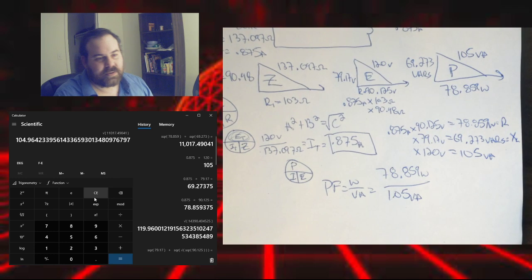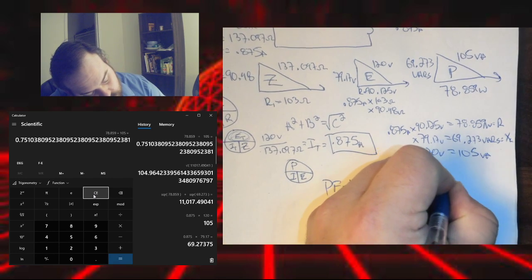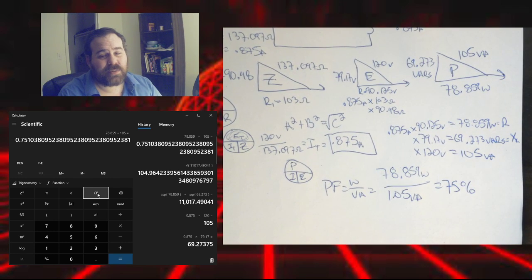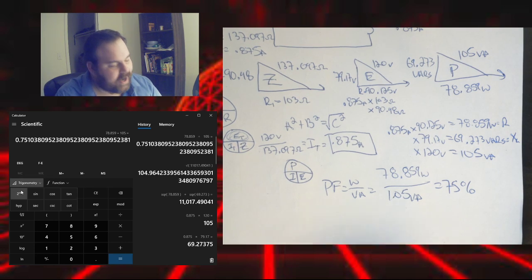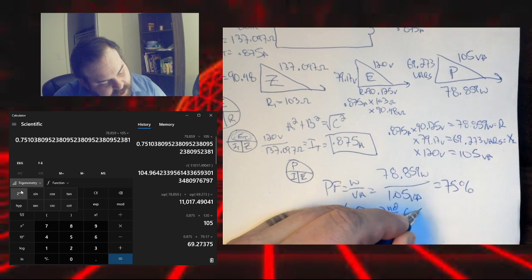Let's see how close this one is. 78.859 divided by 105. 75% efficient. Better than the last one, but it's not great. What's our angle theta? We're going to hit second cosine.